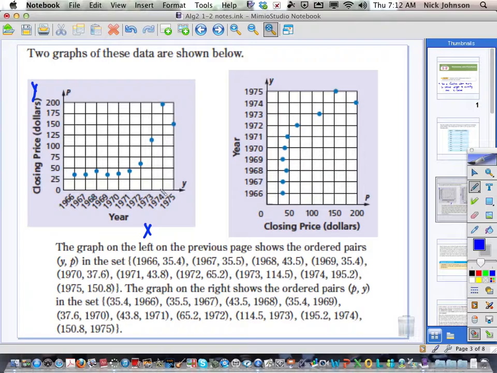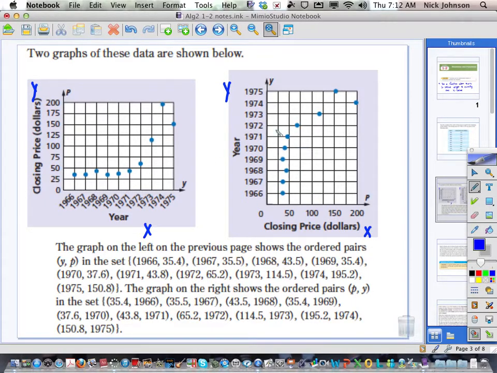This is still the x-axis. So, over here, they plotted closing price to year. Notice how I said that. Closing price to year. Okay, so all they did was the closing price is now their x values of their gold, and their year are now their y values.